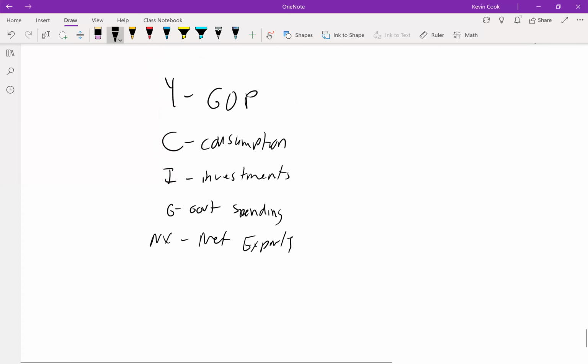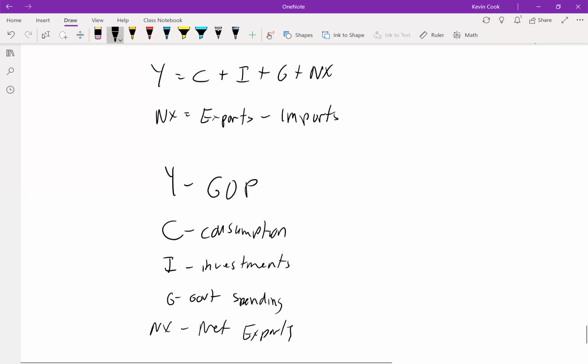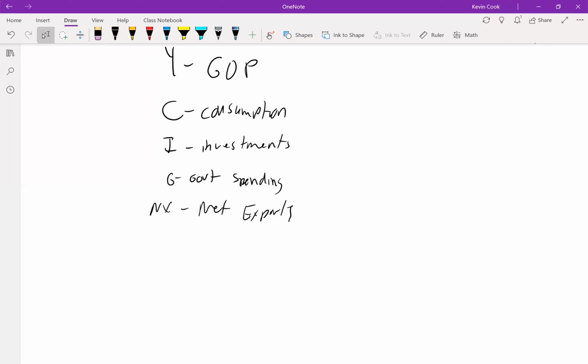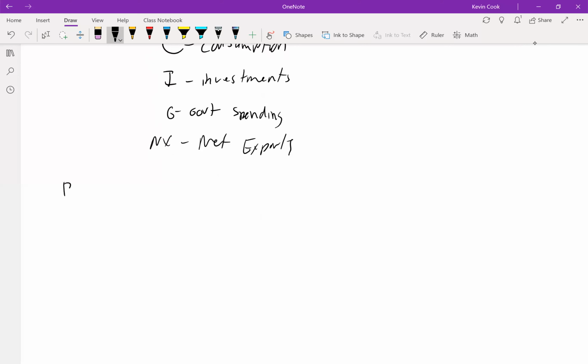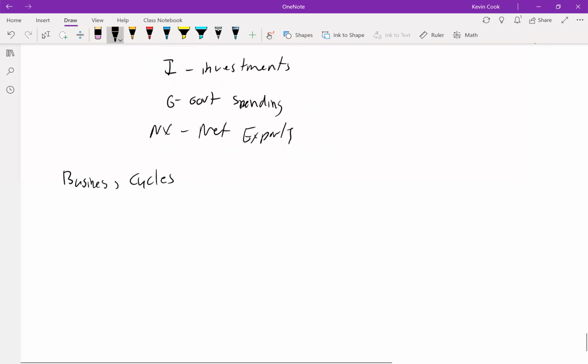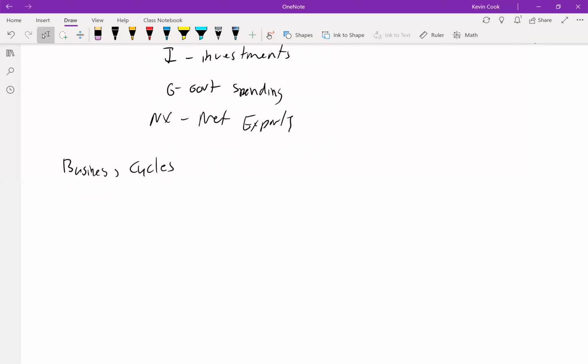So with our GDP, it's one of the big indicators of what's going on in the economy. And in this, we talked about business cycles. Of the business cycles, two that we introduced were booms and recessions. But the two main ones that we talked about, and the two that get mentioned the most, are recessions.